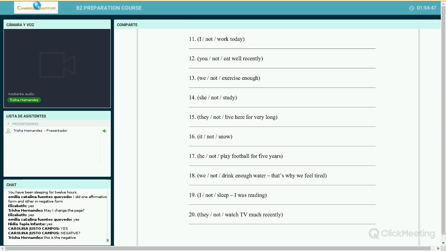This is the negative. You're going to do from 11 to 15 in negative form as homework. Okay?